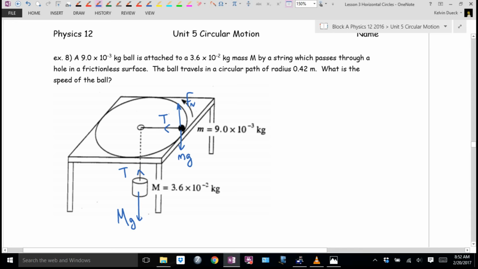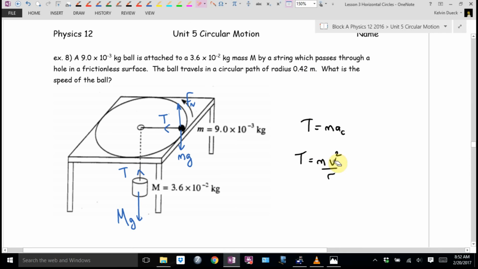James, what did you say this question wants me to find? Okay, let's write an equation for the ball. For the ball, vertically everything's balanced. What would your equation be for the ball horizontally? Tension equals what's pulling me in a circle. Tension is going to be little m, and then James, you told us to use the v squared over r because it wants us to find the speed. Quick check, do I know little m? Yeah, 0.009. Do I know r? 0.42.